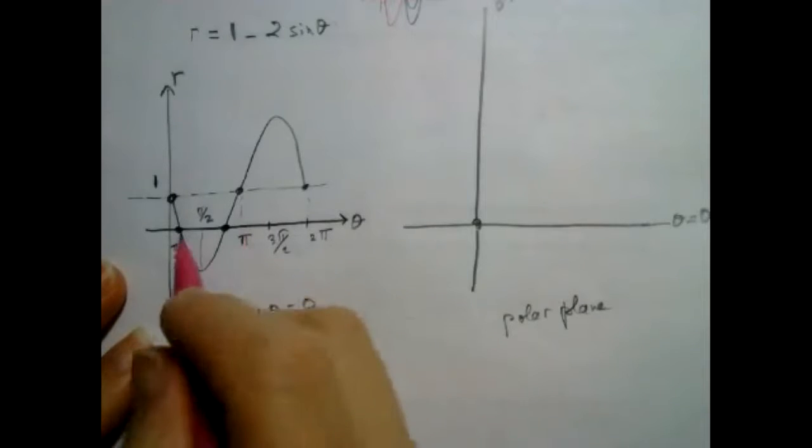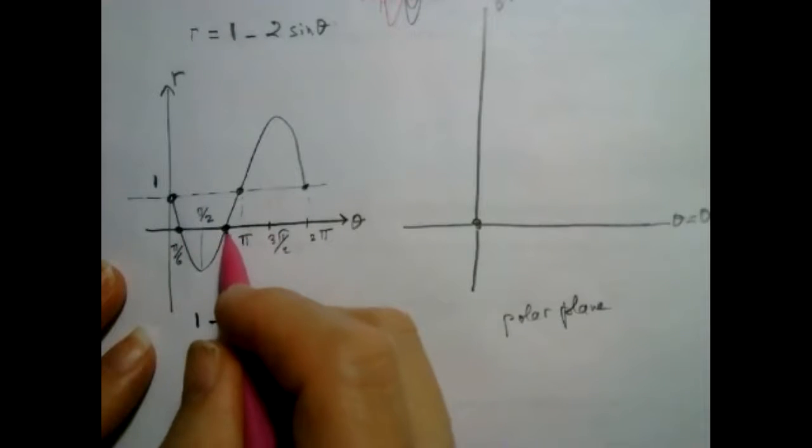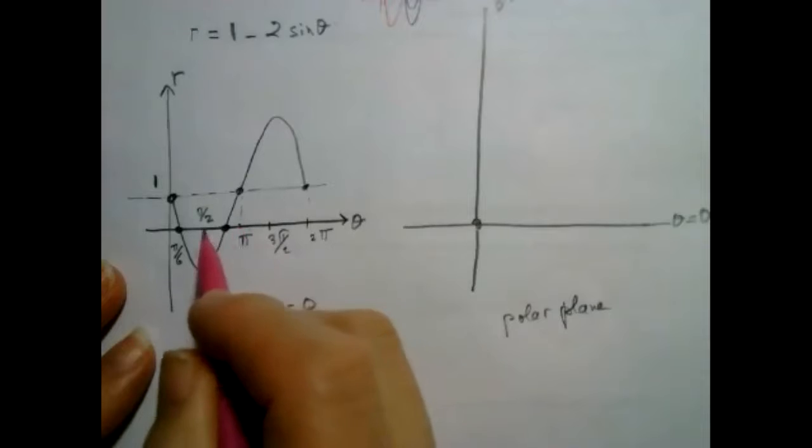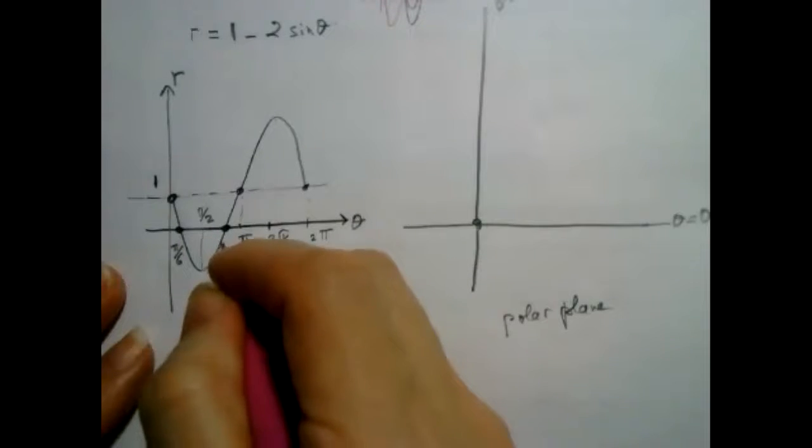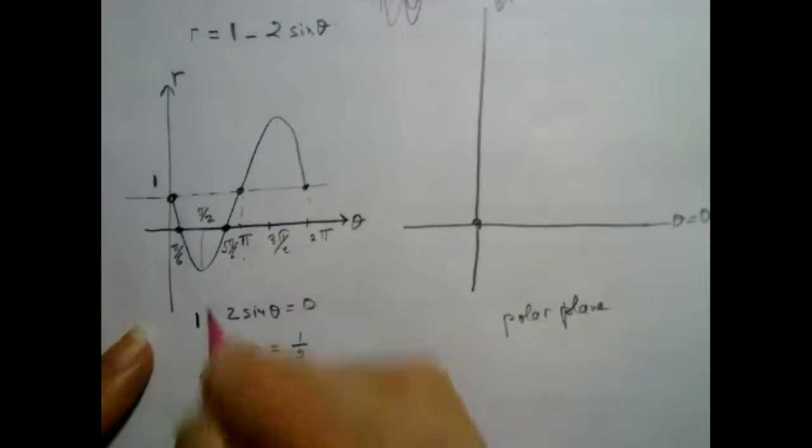Now the symmetry of the graph would tell me that the other value would be pi minus pi over 6, which is 5 pi over 6. So this value here is 5 pi over 6.